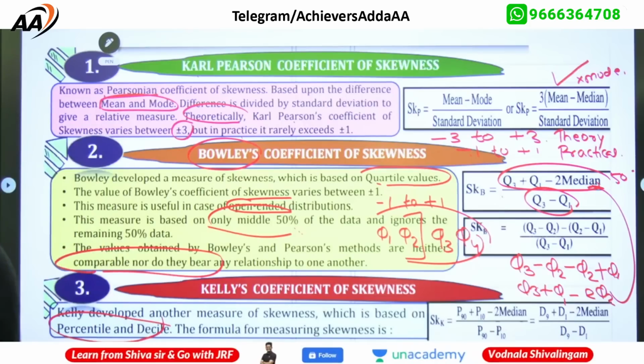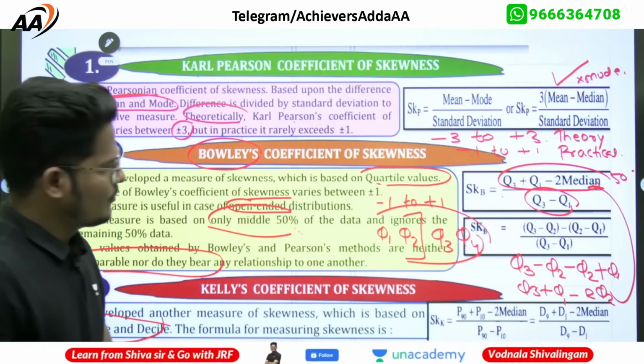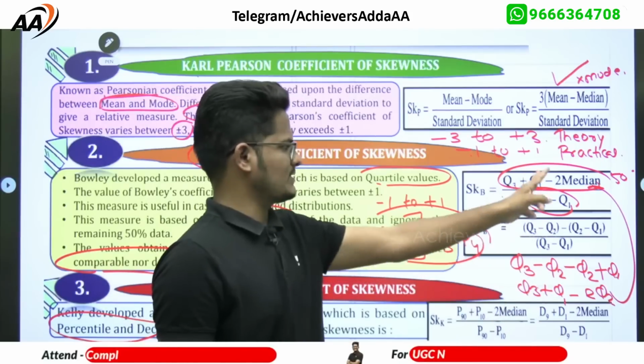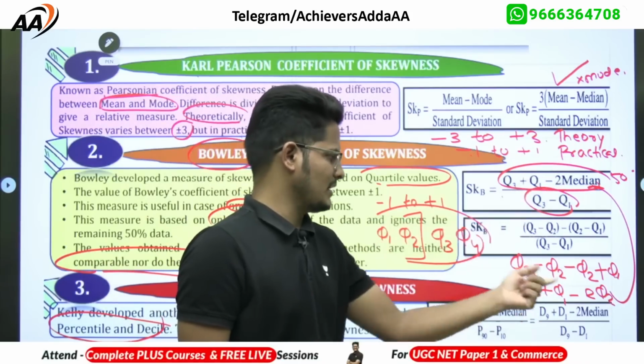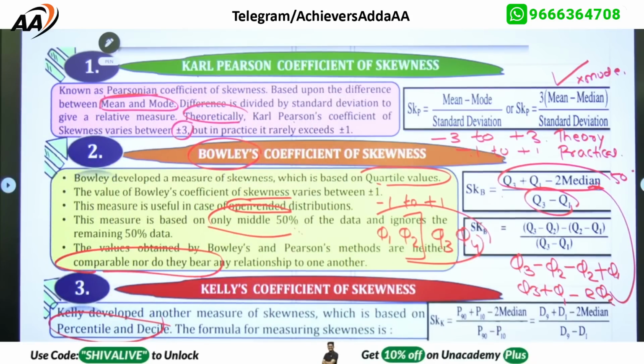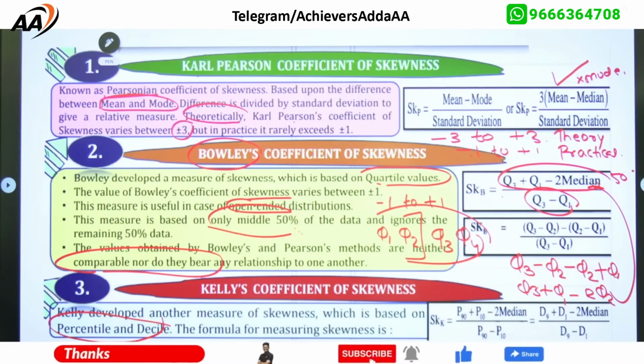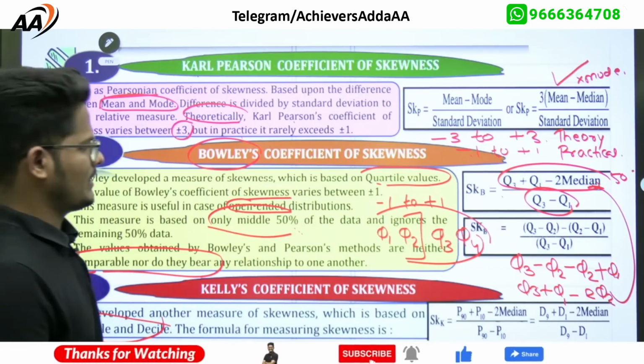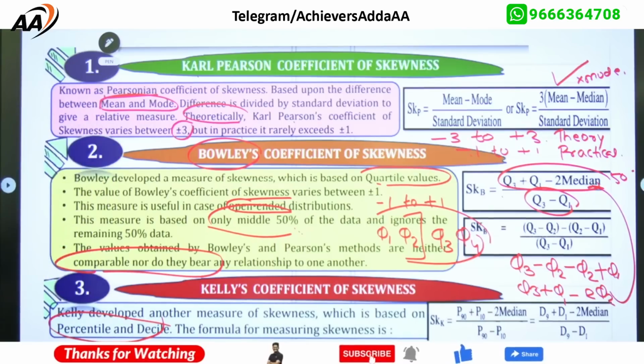That is how we got the formula. From the second formula we got the first formula. Q2 is the median. Kindly increase your video resolution; the problem is not from my end.